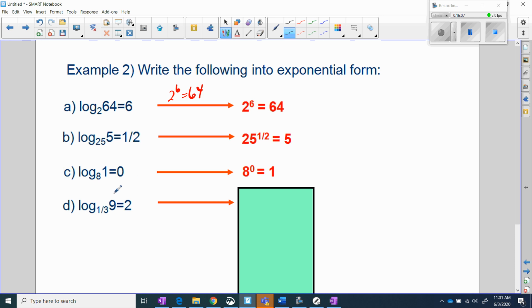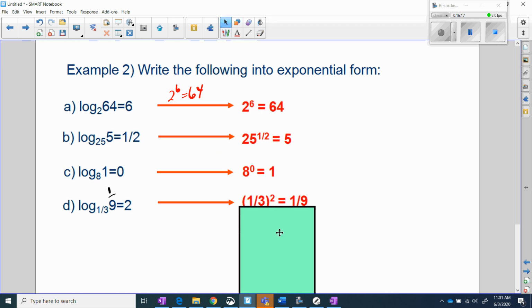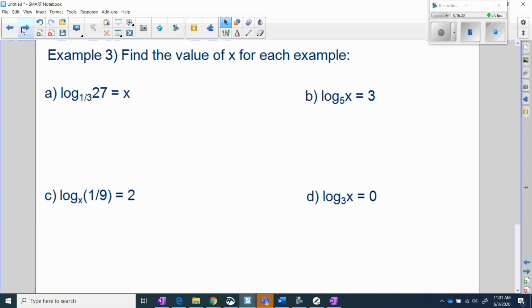This should be 1/9. So 1/3 squared would give us 1/9, and here it is, 1/3 squared is 1 over 9. All right, so that's switching from a logarithm to an exponential. The prior slide was exponential to a logarithm.